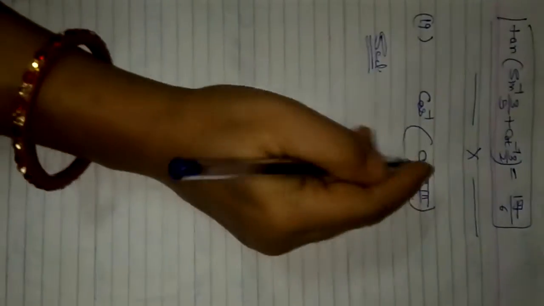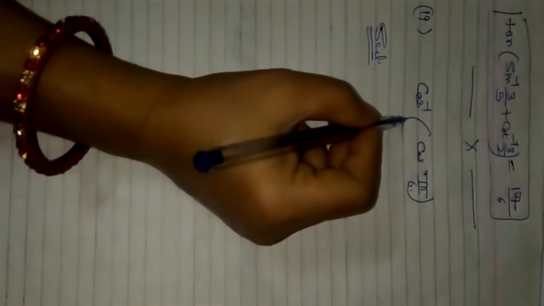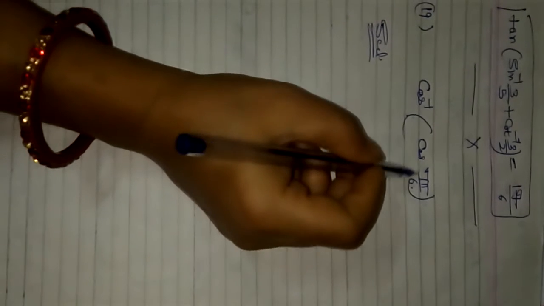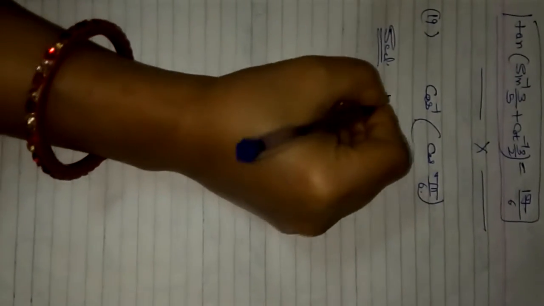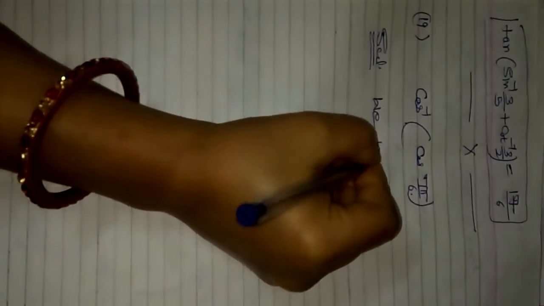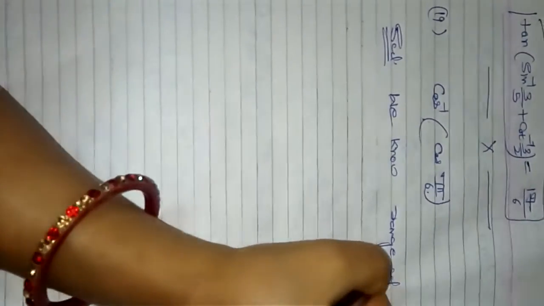First of all, we know the range of cos inverse, that is closed interval 0 to pi. So we know the range of the principal value branch of cos inverse is closed interval 0 to pi.